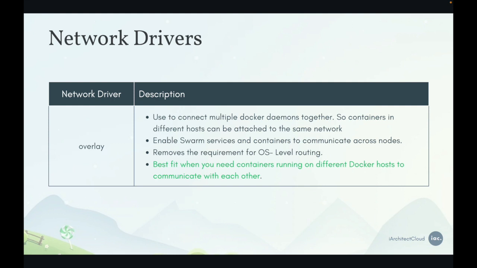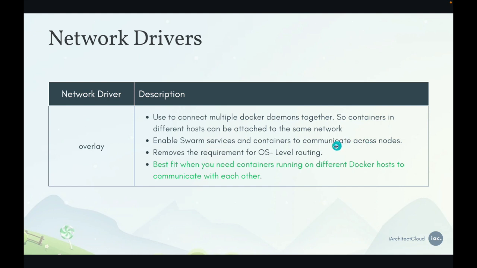The overlay driver is used to connect multiple Docker daemons together. So the containers in different host machines can be attached to the same network so they can communicate with each other very easily. This enables Swarm services and containers to communicate across nodes. Across nodes means containers in different locations or different host machines can communicate with each other.